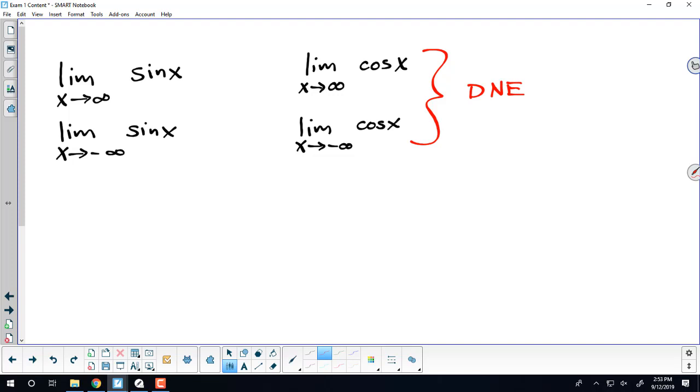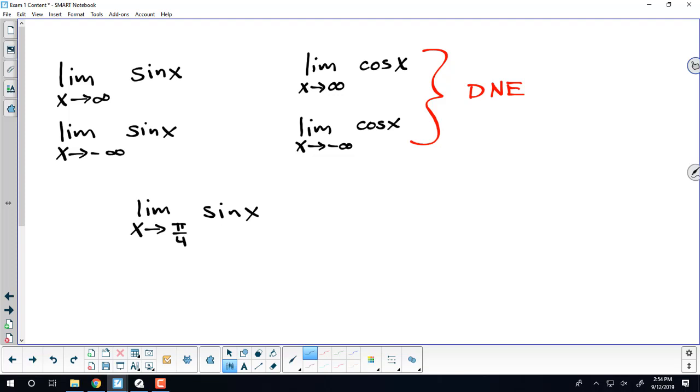And that's even when x is an actual finite number, you would still say it does not exist? No. When x is an actual finite number, for instance, what's the limit as x approaches pi over 4 of sine x? Square root of 2 over 2.